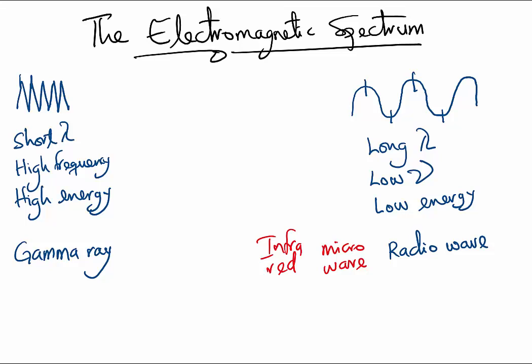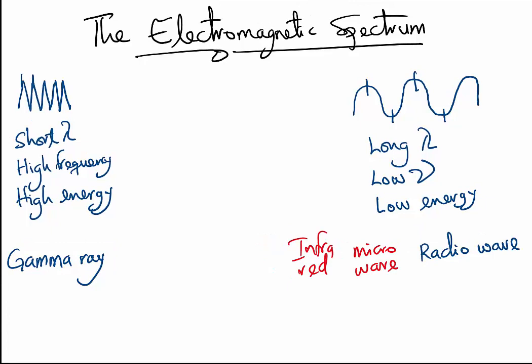The next radiation after infrared based on energy is the visible radiation, which we generally call light. This simply means the light that is visible to we human beings.